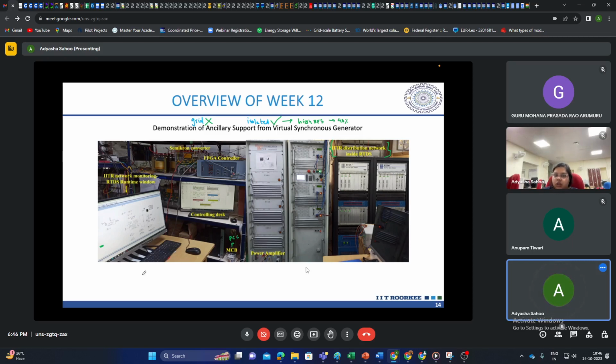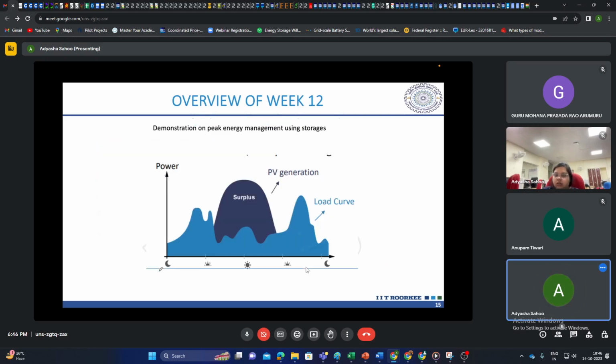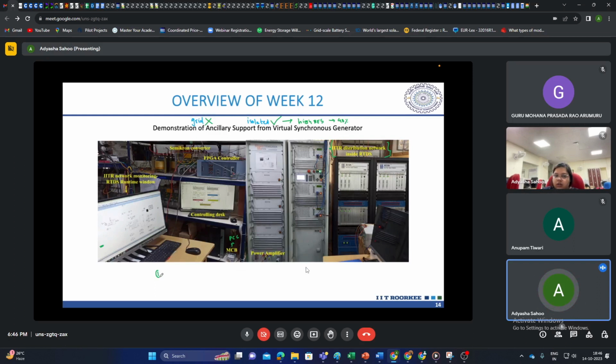So here I think two case studies were done. In the first, what was done in the first case study? I remember the induction motor load was varied.